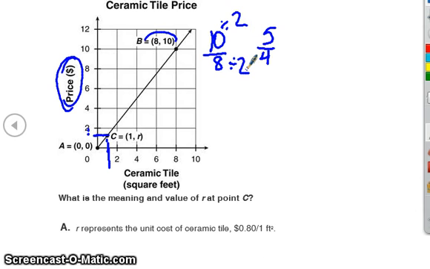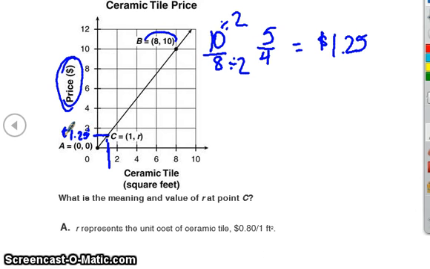5 divided by 4 is 1.25. Okay, so it's costing 1.25 here for this 1 square foot of tile.